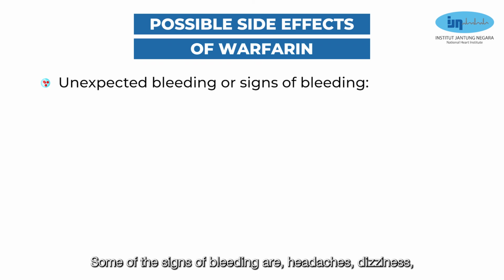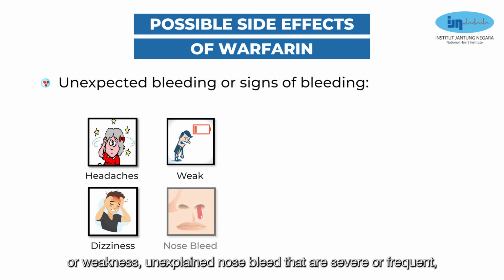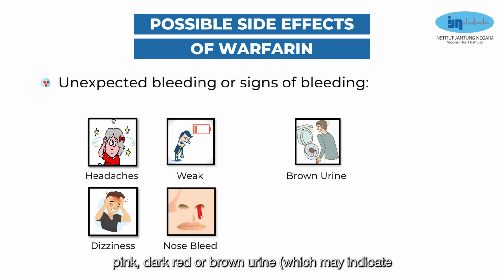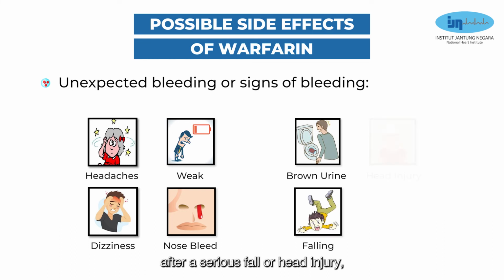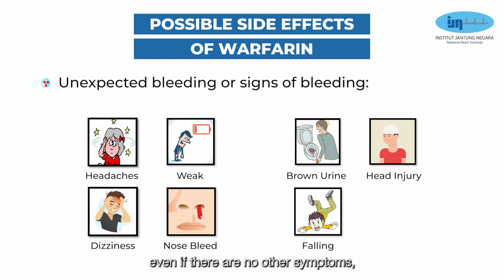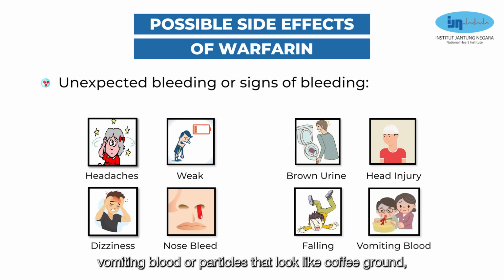Some signs of bleeding are headache, dizziness or weakness, unexplained nosebleeds that are severe or frequent, pink, dark brown or brown urine which may indicate bleeding in the bladder or kidney, black, sticky stool or bleeding from the back passage which may indicate bleeding in the stomach or intestine, after a serious fall or head injury, even if there are no other symptoms, vomiting blood or particles that look like coffee grounds, or heavy bleeding or oozing from cuts or wounds, major and unusual bruising under the skin, dark, red or black areas on the skin.